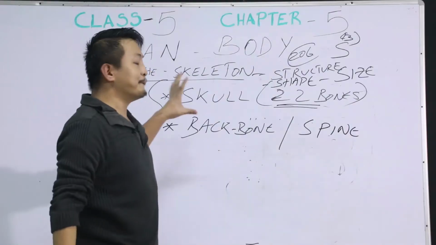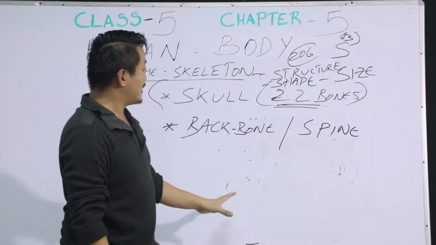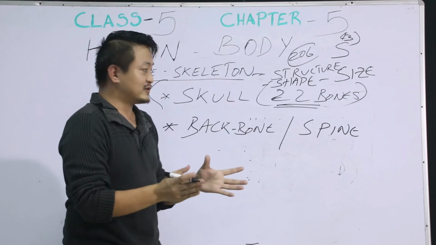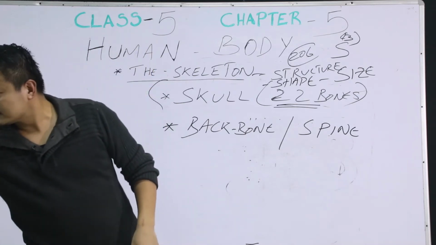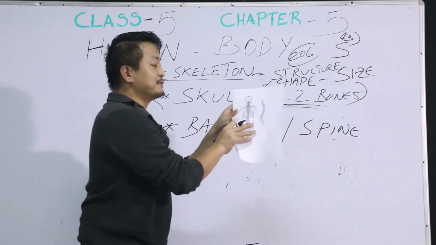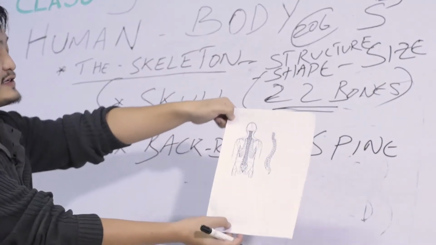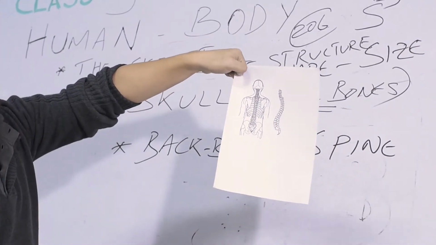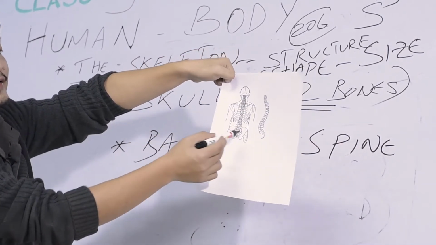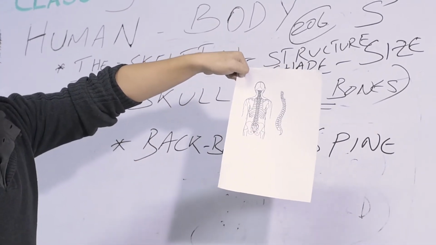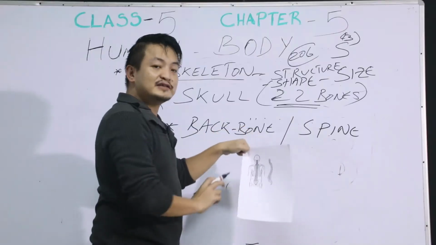It is known as backbone or spine. Now how does our backbone look, okay, I'll show you. This is the back part of the human skeleton, and this is the backbone, okay, this is the backbone. So this is the spine, see. Clear? Now we'll study about this one in detail.